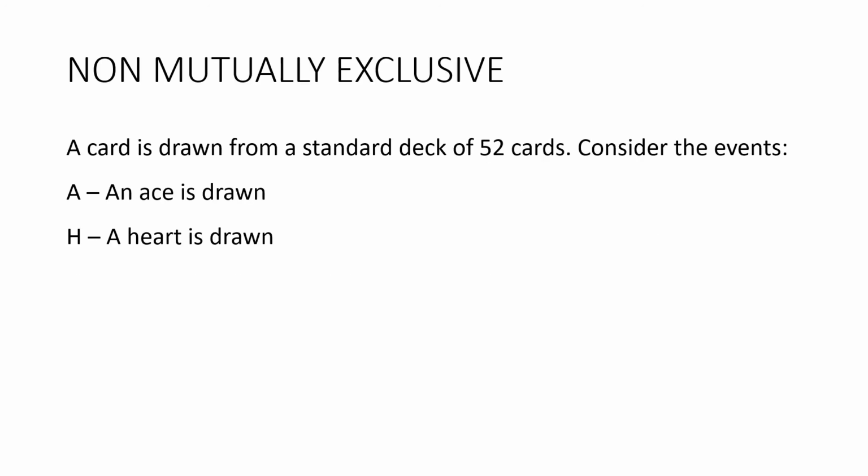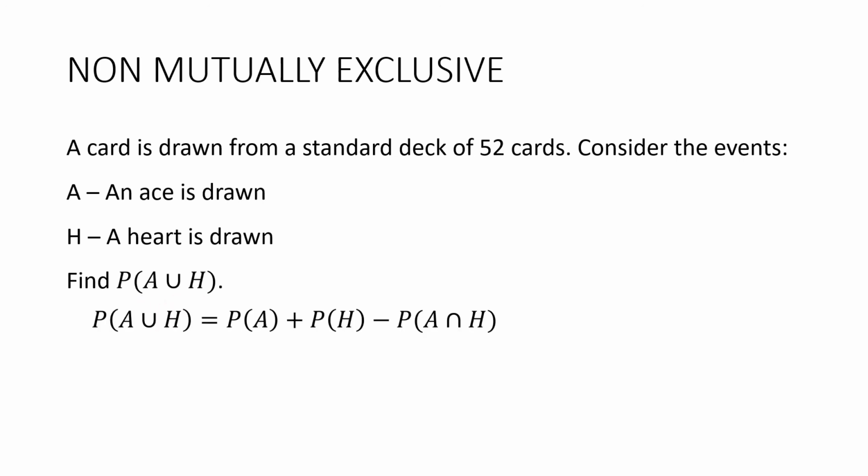Now let's look at a non-mutually exclusive example. A card is drawn from a standard deck of 52 cards. Consider the events. A, an ace is drawn, and H, a heart is drawn. It's the same example we looked at before. They're not mutually exclusive events because they have the ace of hearts in common. We want to find the probability of A union H. Here's our formula.